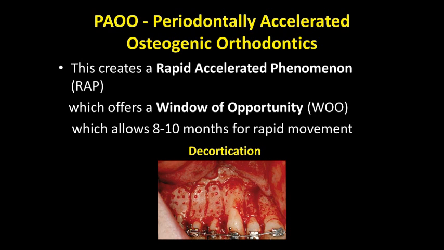This is based on decortication, and I would like for you to note that this is not a corticotomy. The first cut is made between the teeth and apical to the apex to expose the medullary bone, which compromises the cortical bone. Then, if the bone is thick enough, you can see the perforations that are placed on the buccal plate, which allows for blood supply to bone grafting material, which is then added on the facial.